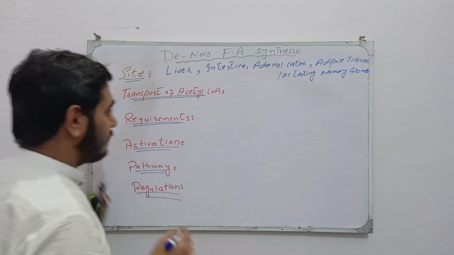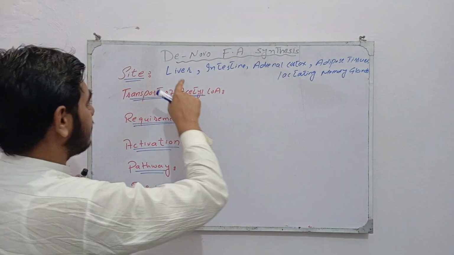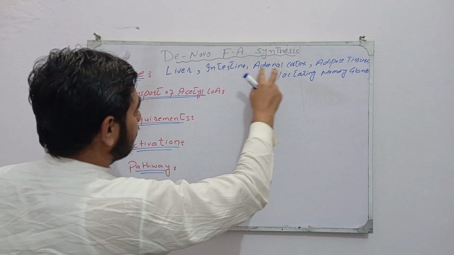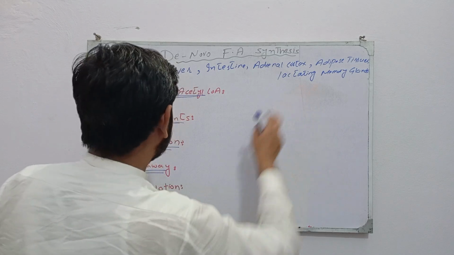It is a very important topic. The main sites for the synthesis of fatty acid are liver, intestine, adrenal cortex, adipose tissues, lactating mammary glands.